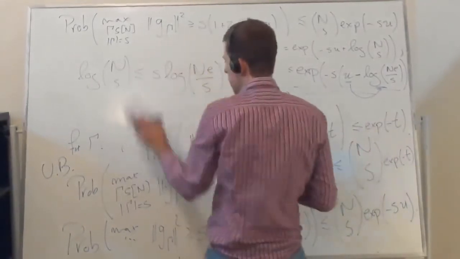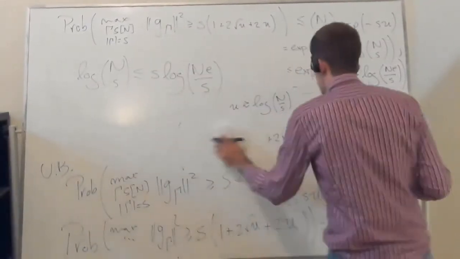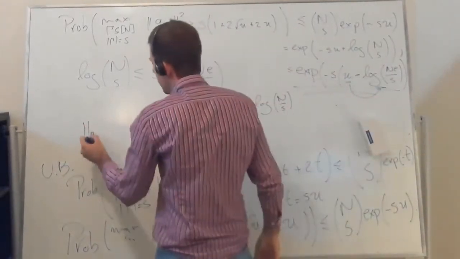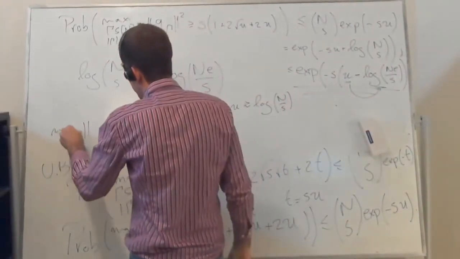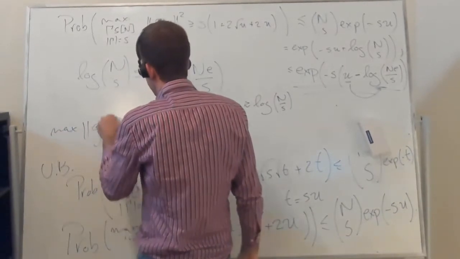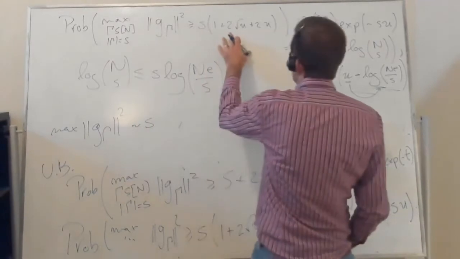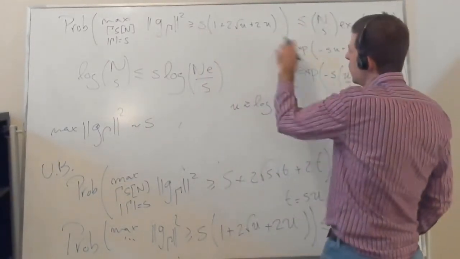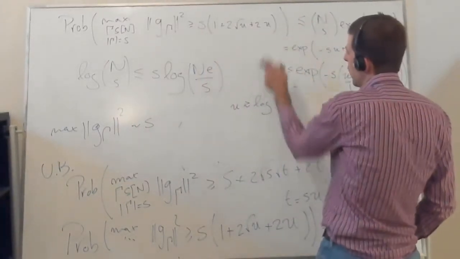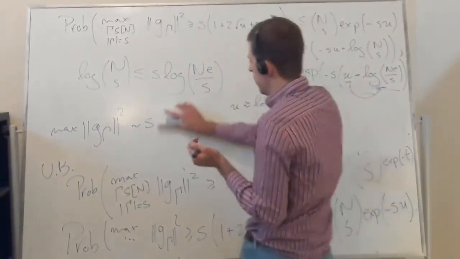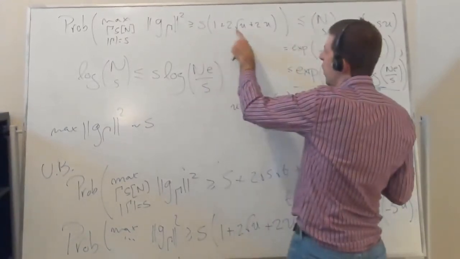So we really expect that the typical value of this max will be S times 2 square root of U plus U, but the biggest term, because it's a log, is the U term, and the 1 is so small comparatively.